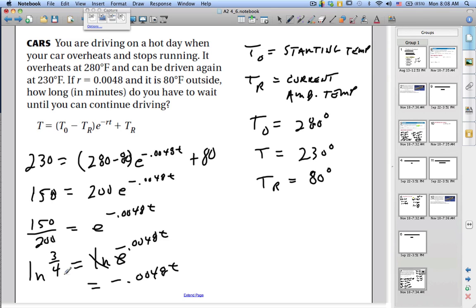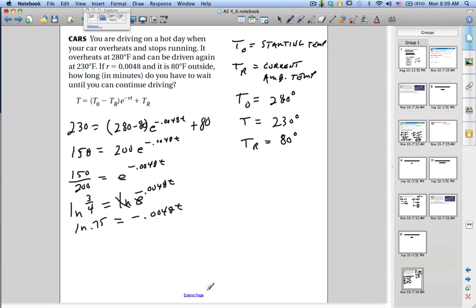And over here I'll have the natural log of 0.75. If I go ahead and solve this, I'm going to have the natural log of 0.75 divided by negative 0.0048, and that will be equal to t.